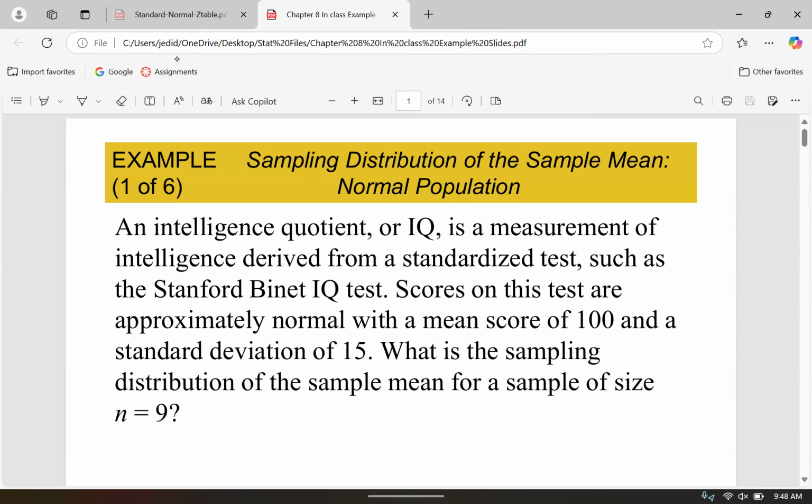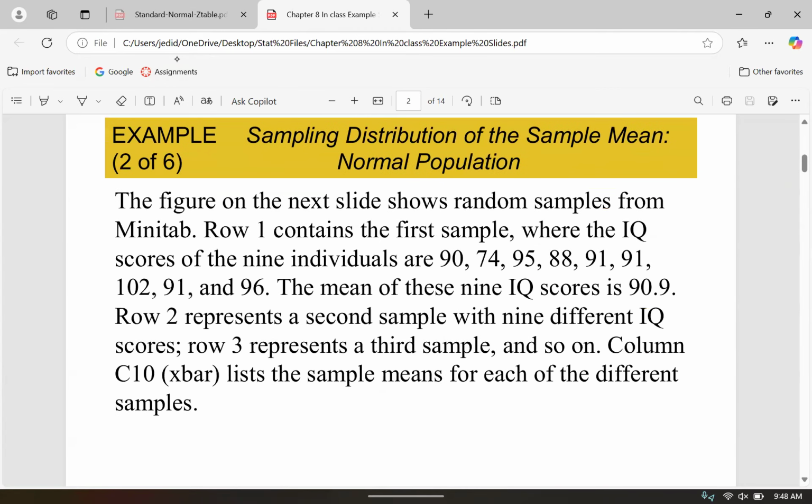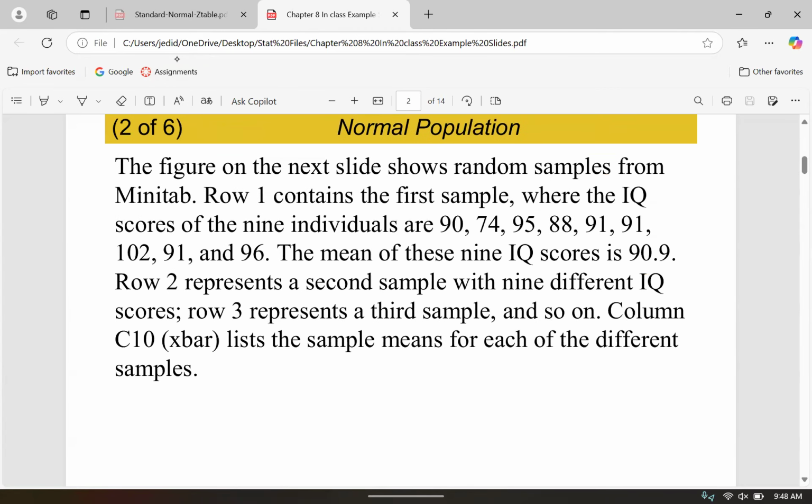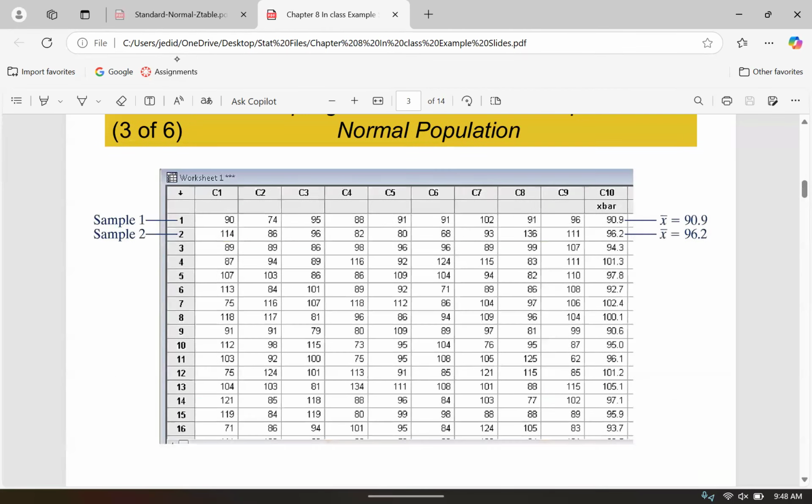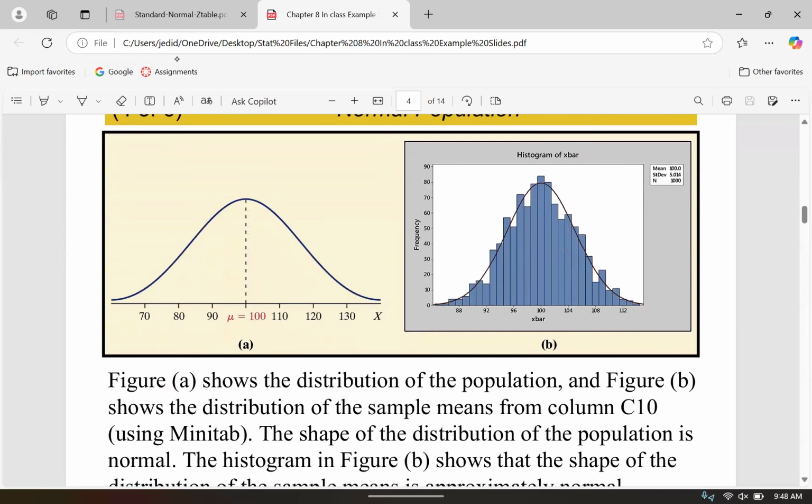What is the sampling distribution of the sample mean for a sample size? Basically, what they're doing is using tech to find a whole bunch of possibilities, and then we graph them from there. So we use our tech to find some different possible samples, and then we graph them. Not super exciting.